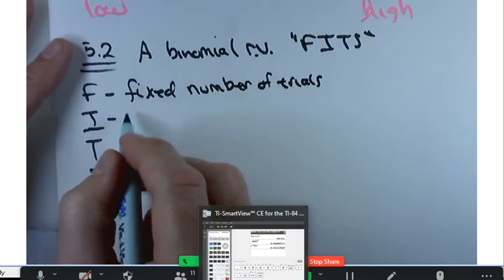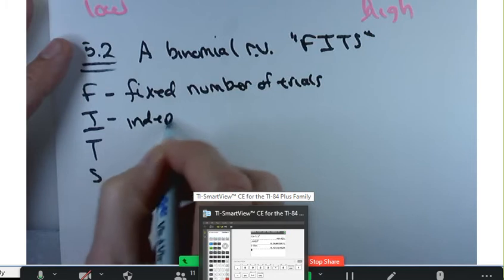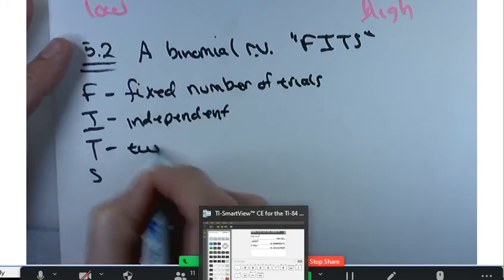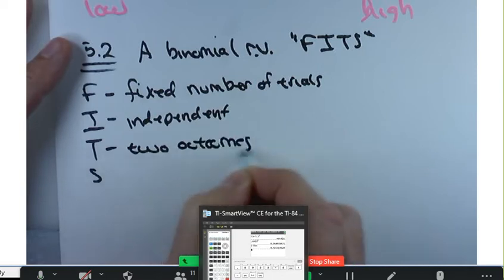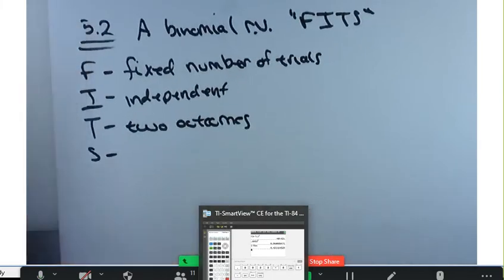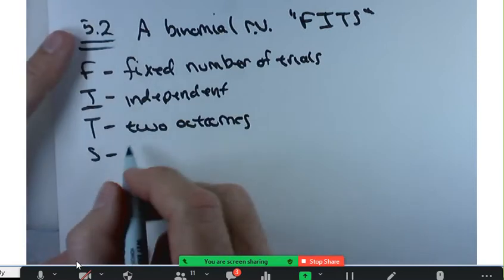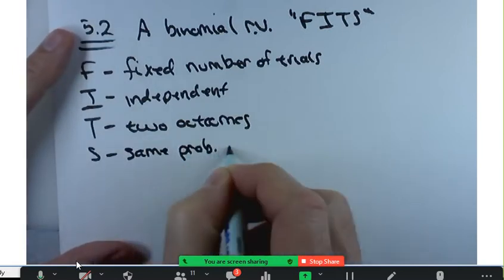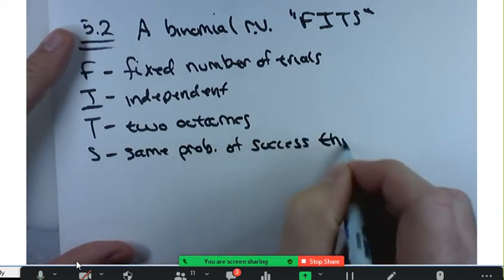I stands for, thank you, independent. T stands for two outcomes. And finally, S stands for the same probability of success throughout the trial.